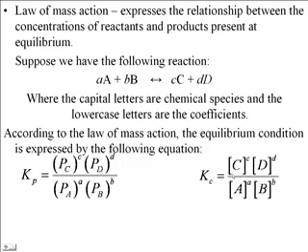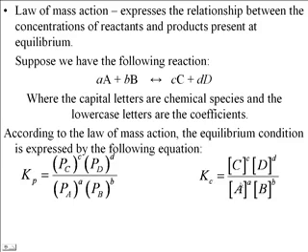Well, how is this different? How is Kc different from Kp? Remember, the P stands for pressures, the C stands for concentration. So notice here, all of these are pressures. Here you've got the square brackets like we use with rate laws, where you've got concentrations. Notice it's the same thing though.